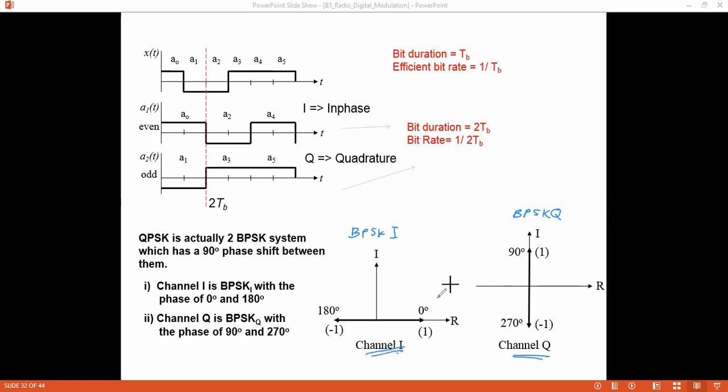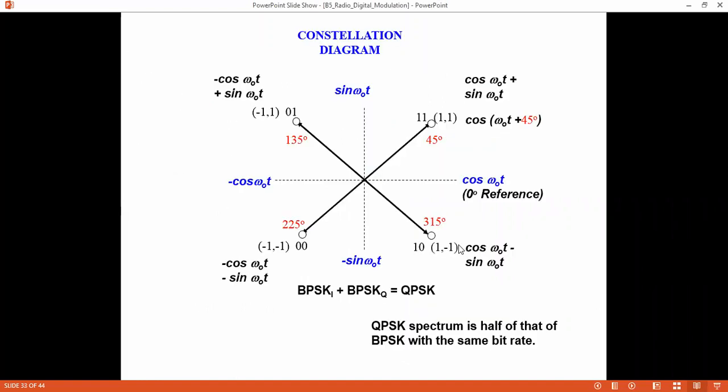In order to produce QPSK, by combining these two BPSKs, we will add these two. So we combine. This is the constellation diagram of the combined BPSK I and BPSK Q. This is the BPSK I part, from 0 to 180 degrees.